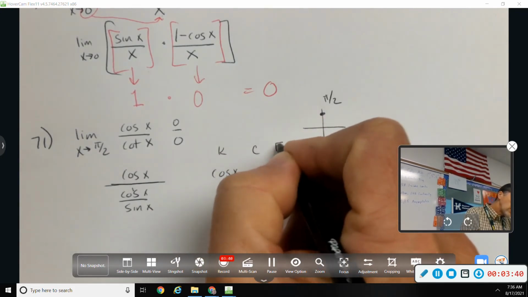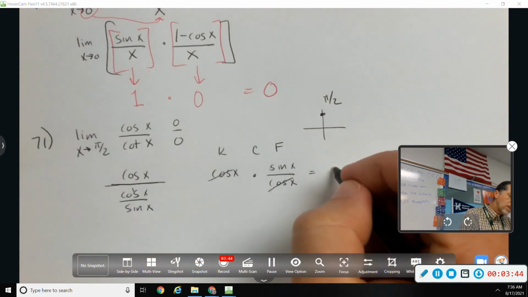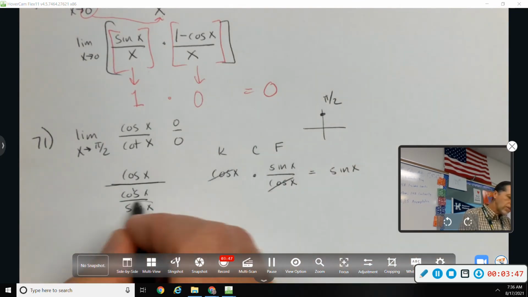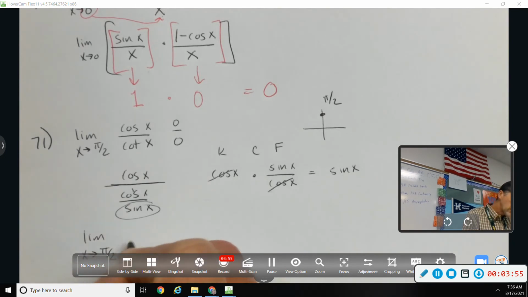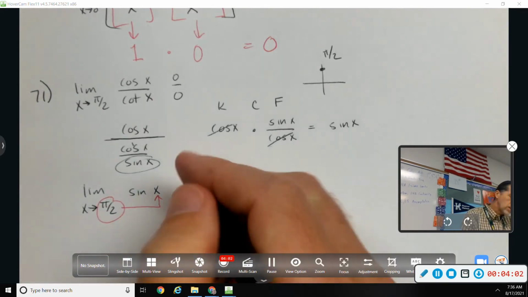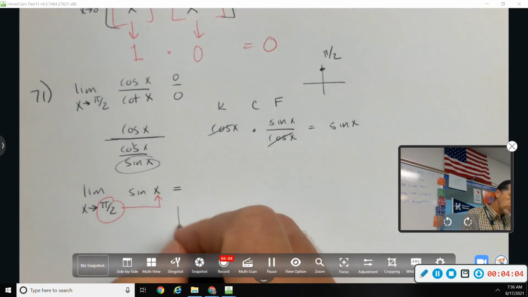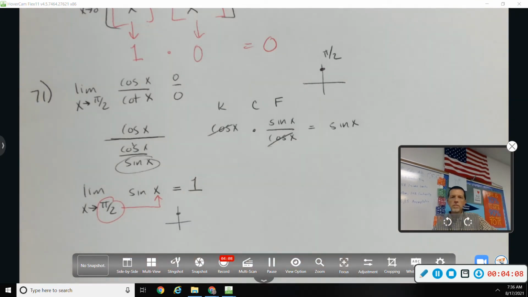The cosines do in fact cancel, and the sine of x that was in the denominator of the denominator ends up going to the numerator. So it's the limit as x approaches pi over 2 of sine of x. Now let's substitute, and the sine of pi over 2 is 1. So a little bit of trig in that one.